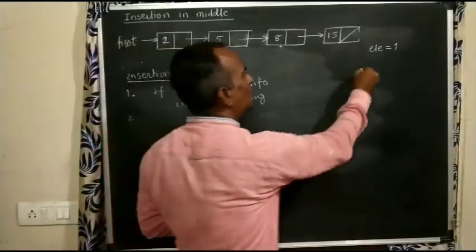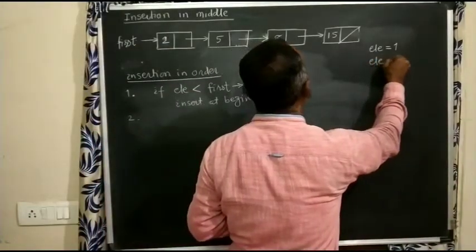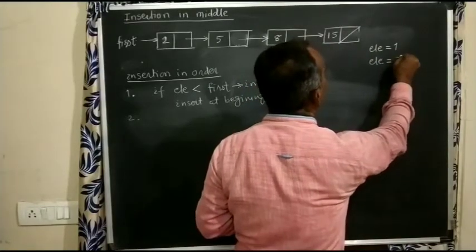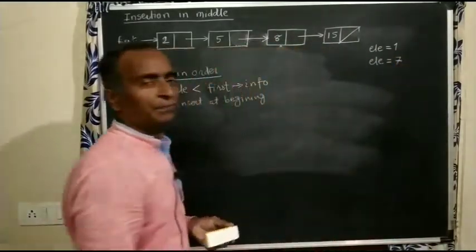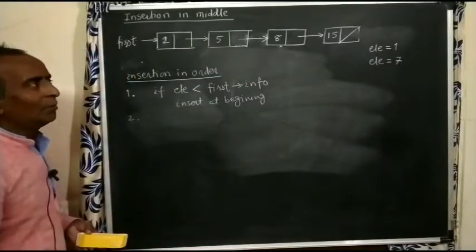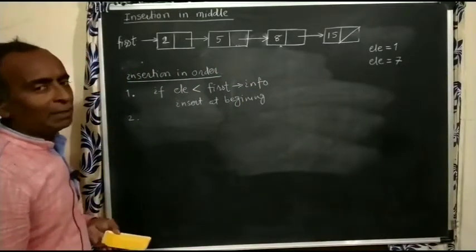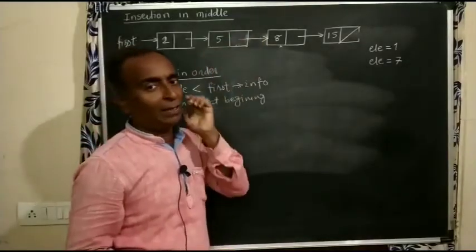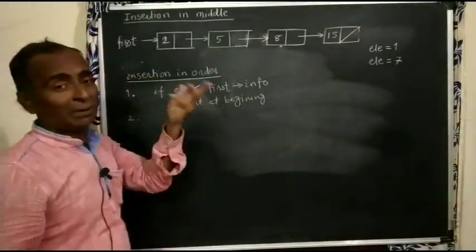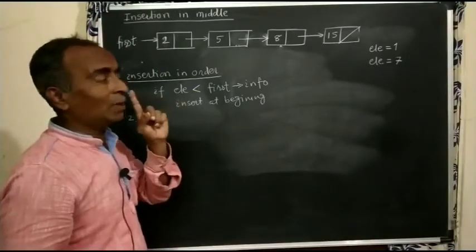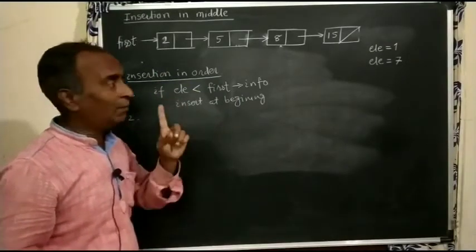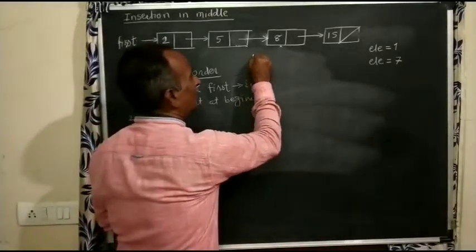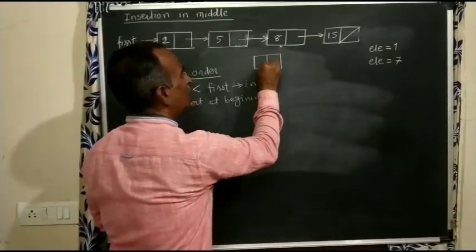suppose the element to be inserted is 7, suppose you want to insert 7 in this list. Now, where is the position of 7 in this linked list in order? After 5, right? Now, how to create the logic for this? I said already, whenever you are inserting a node, the steps are the same. A new node is created.